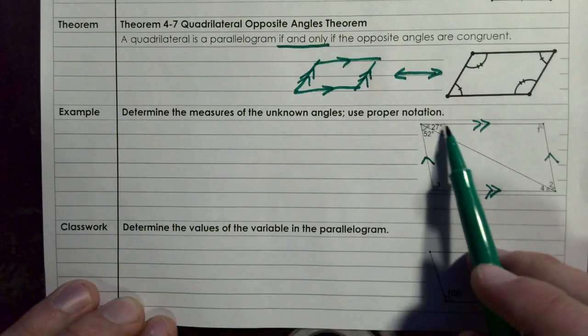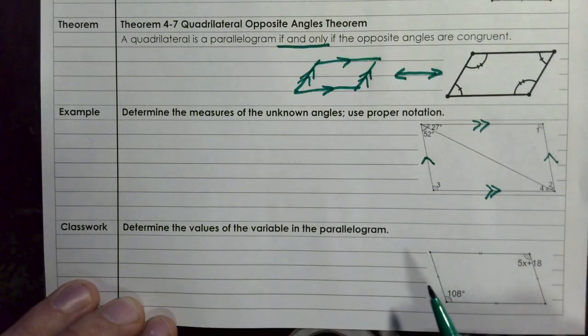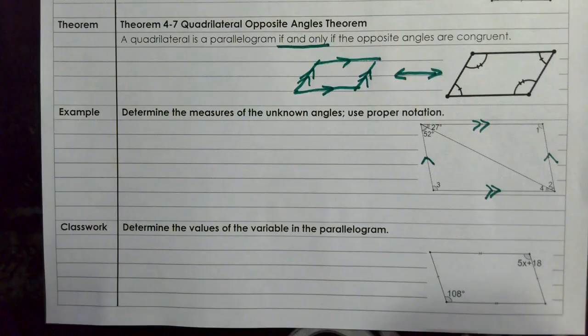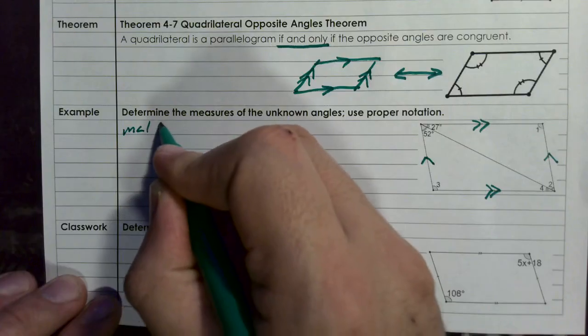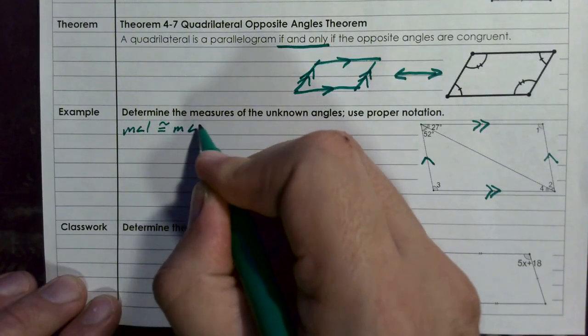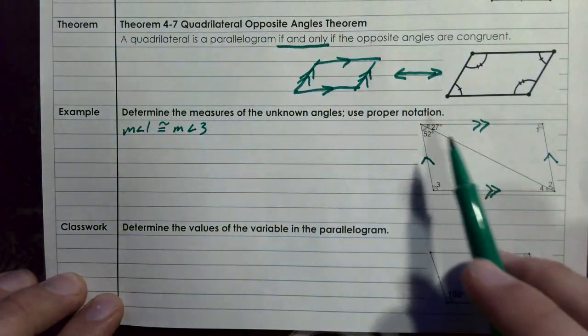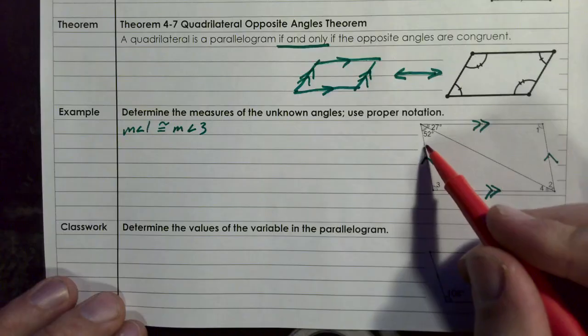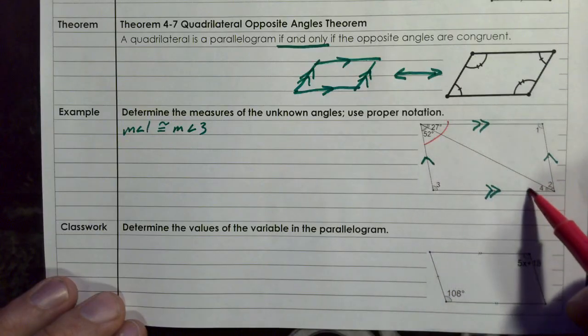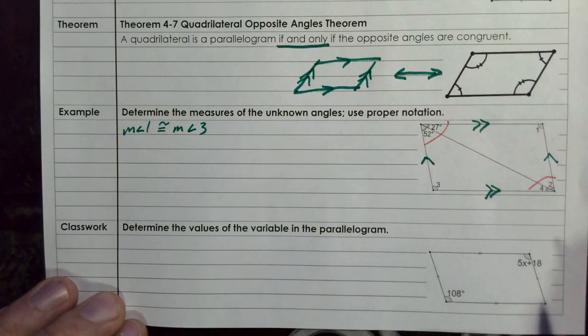So we got to know that this side and this side have to be congruent. So we know that the measure of angle 1 is congruent to the measure of angle 3. Great. But we also know that this big angle here is congruent to that big angle here.